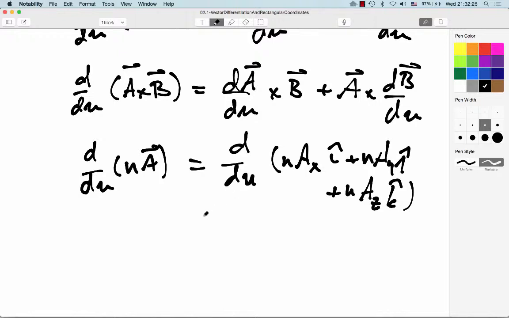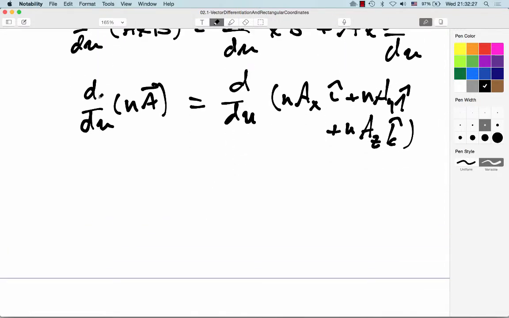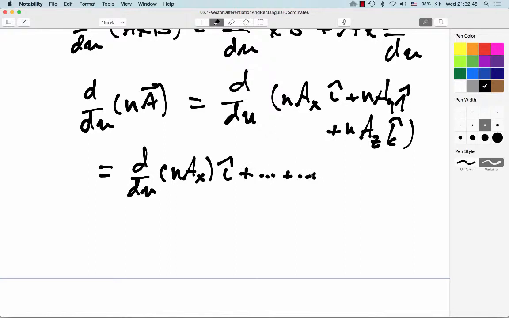Okay, now we can go ahead and bring in the derivative. So this will be d du of n A x i hat. So now we're following our rule of vector differentiation, plus similar terms for y and z.